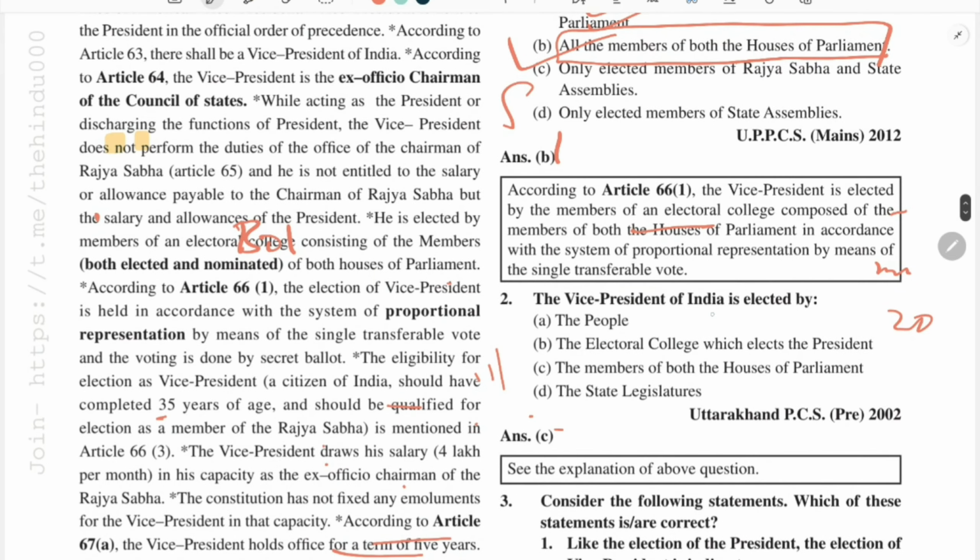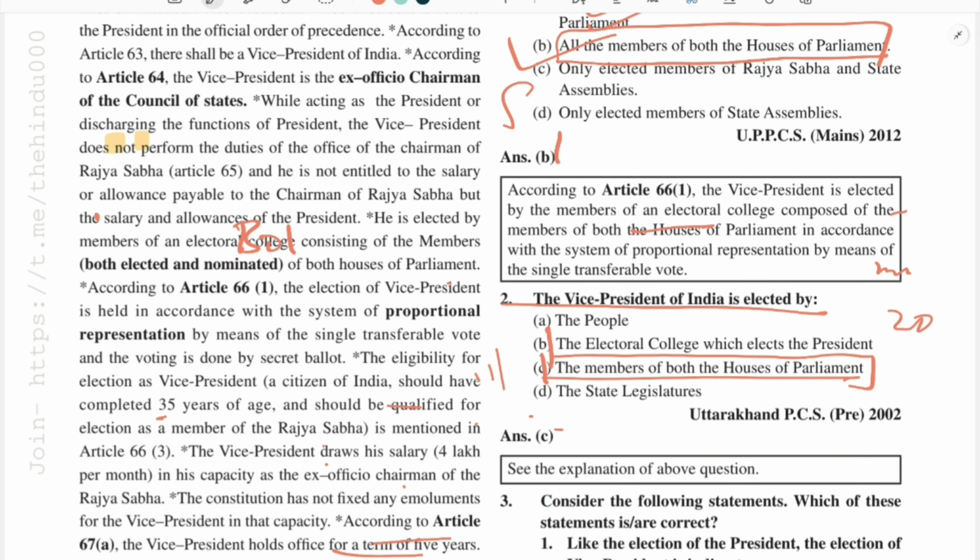Next question is: the vice president of India is elected by the electoral college of both houses of parliament. I have already told you that it includes both houses of parliament. Members are either elected or nominated, it doesn't matter.